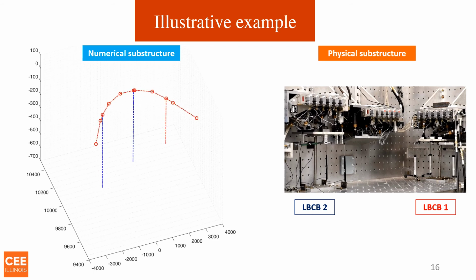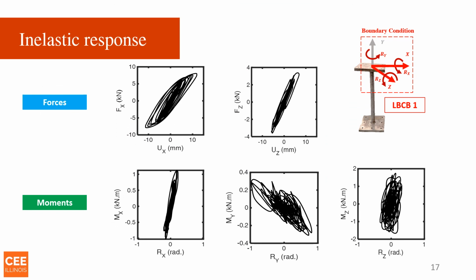On the left we have the numerical substructure, and on the right we have the experimental one. These are the nonlinear dynamical results from one of the boundary condition boxes we have, and we were able to get accurate and stable results.